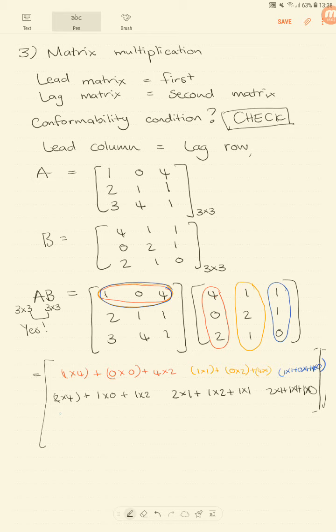Final row, so row 3, column 1 is 3 times 4 plus 4 times 0 plus 1 times 2. Third row, second column is 3 times 1 plus 4 times 2 plus 1 times 1. Finally, third row, third column, 3 times 1 plus 4 times 1 plus 1 times 0.